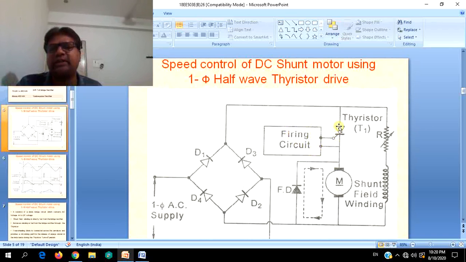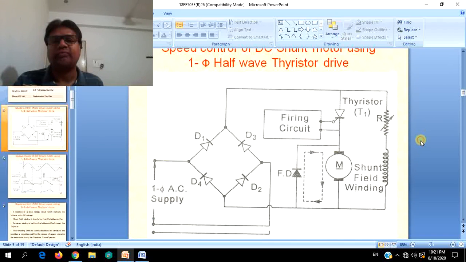Or even if we fire this SCR at a particular angle alpha, we have to turn this SCR off by a forced commutation technique, just like in other DC circuits, that is DC choppers. It appears that forced commutation is required for the circuit, but it is not true in this case.